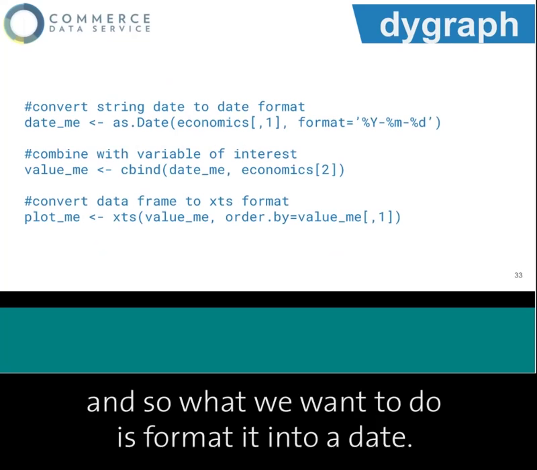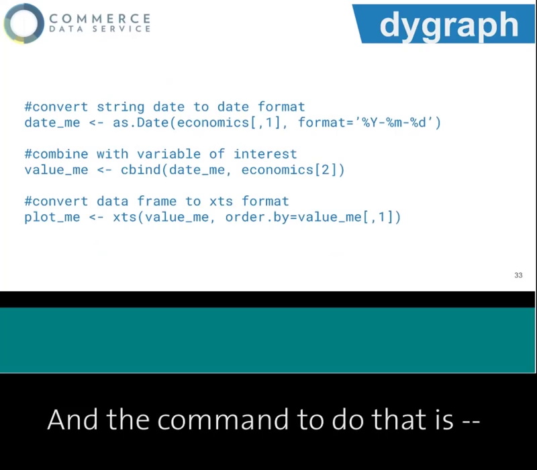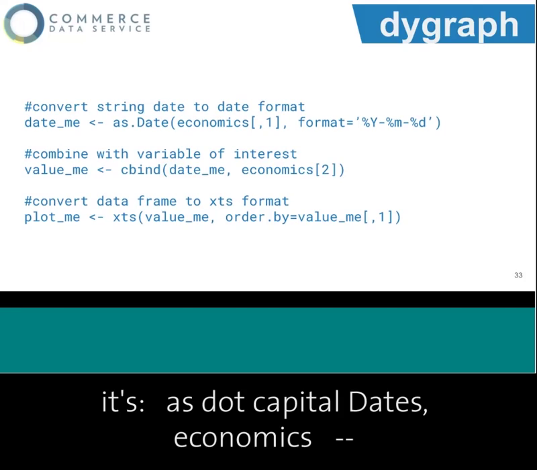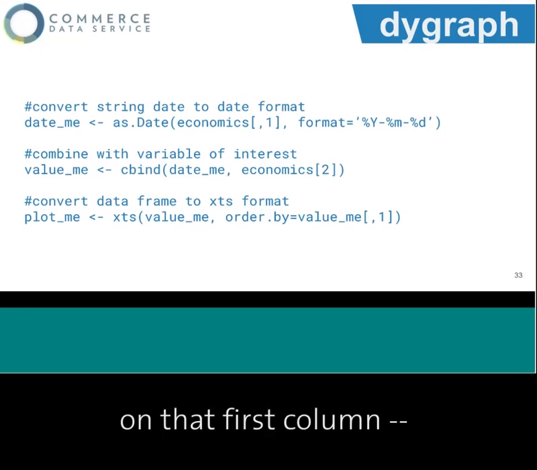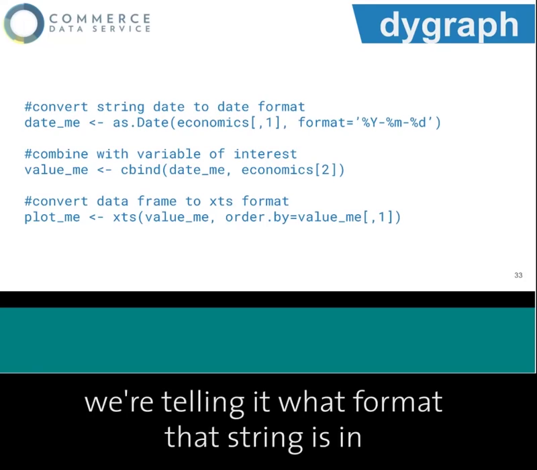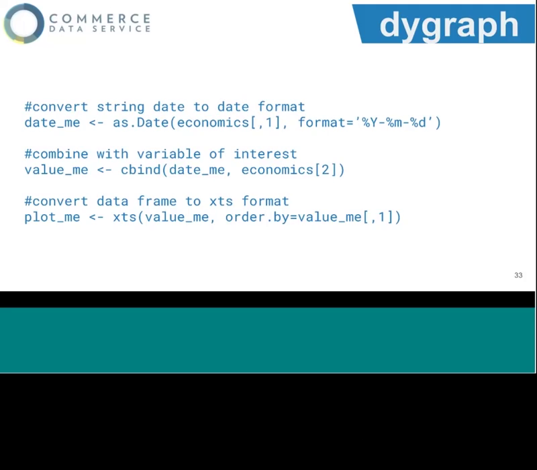And so what we want to do is format it into a date. The command to do that in R, you don't need to load a library, is as.Date of economics, that first column, and we're telling it what format that string is in to parse it. So let's try that.